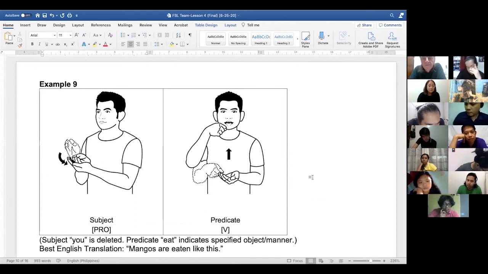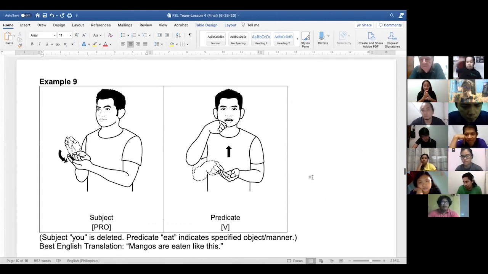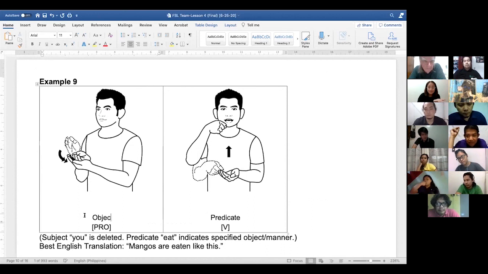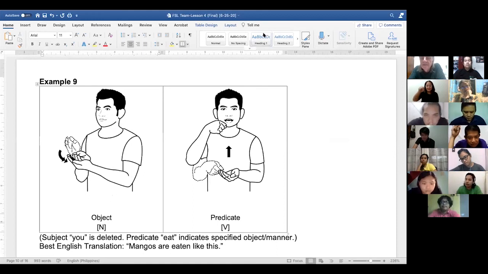So is that grammatical analysis correct? Right. Now yes, exactly. Yes, perfect, 100%.